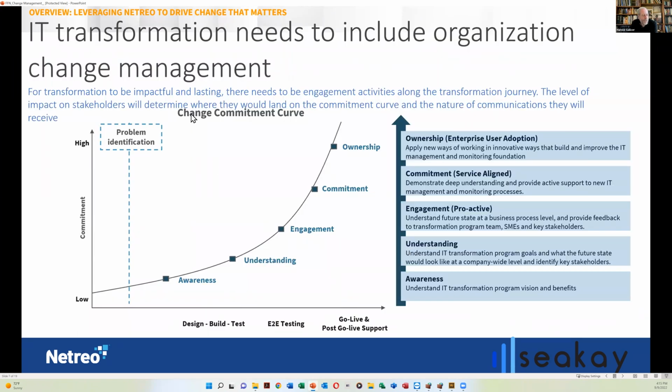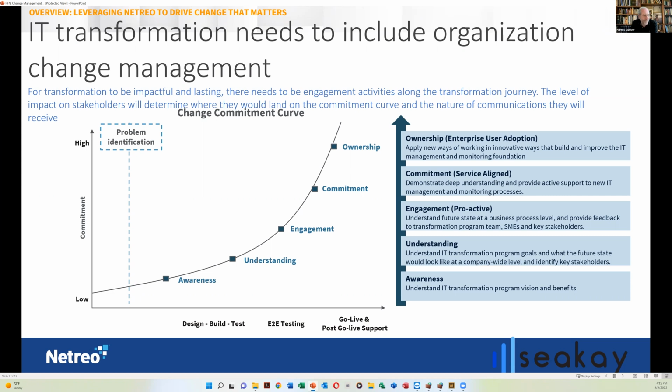If you look over here, and this is something that I borrowed from Netreo's CEO and basically implemented for this particular customer, Netreo is a pretty transformative process, and it really takes a path and an increasing level of commitment throughout the organization to do a successful implementation.